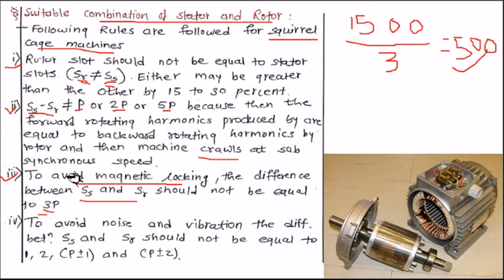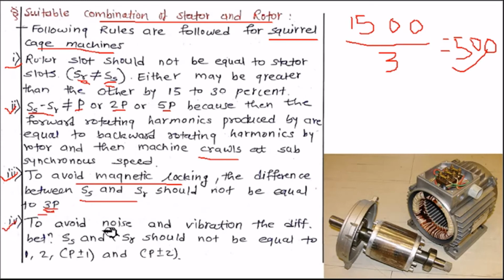To avoid magnetic locking means that at the time of start, if your motor is magnetically locked, then it goes into cogging, that is, refusal to start. So you have to select the number of slots such that the difference is not equal to 3P, that is, 3 times the number of poles.